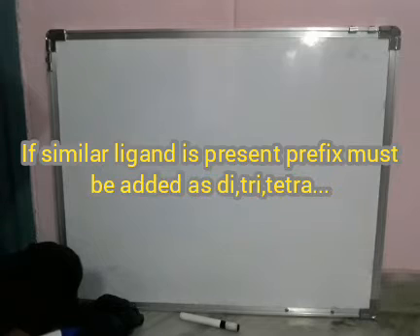Next one is, if different types of ligands or the same ligands are present in the coordination entity, then it should be mentioned with di, tri or tetra as a prefix.